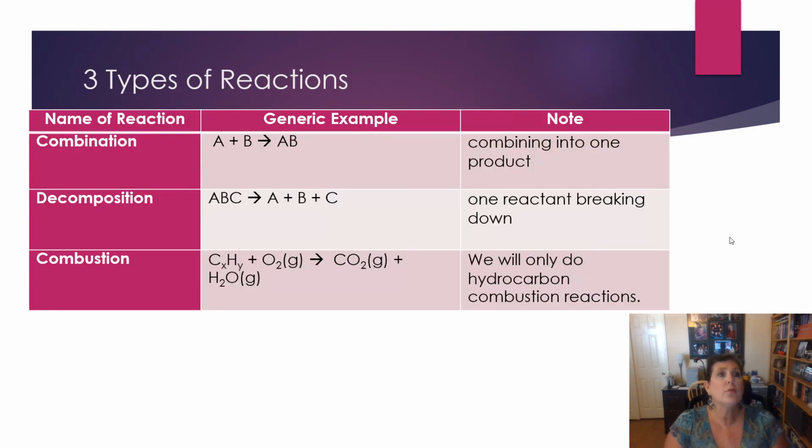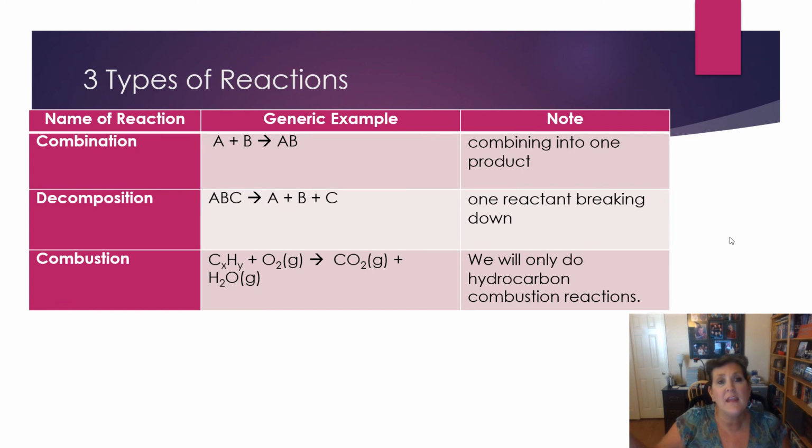All right, there are 3 types of reactions I want you to know. They're in this table. Combination reactions. The generic example is A plus B makes AB combined. That's why it's called combination. They combine. You have two things combining into one product. So that's pretty easy. Decomposition.